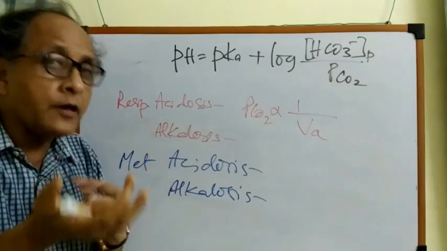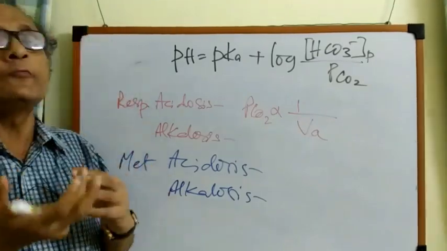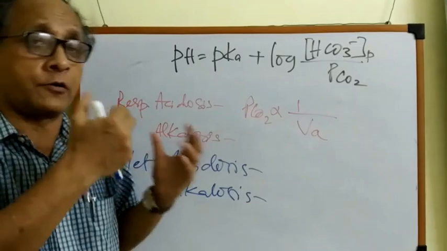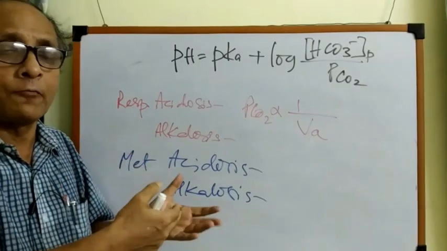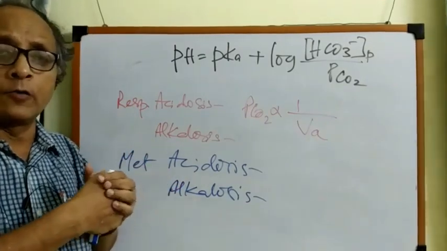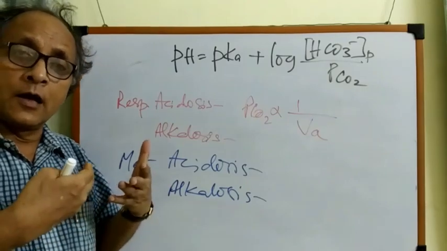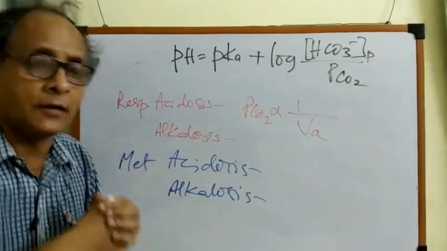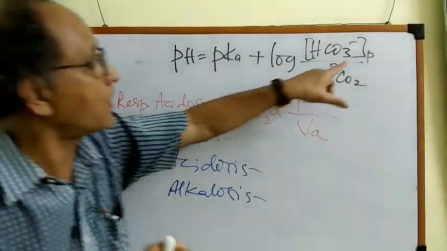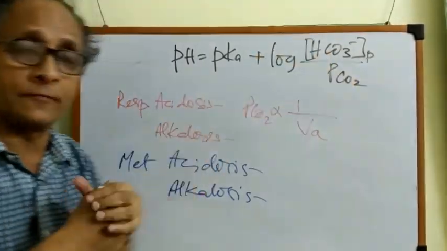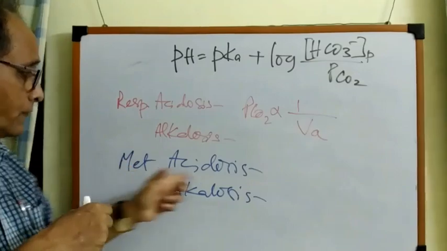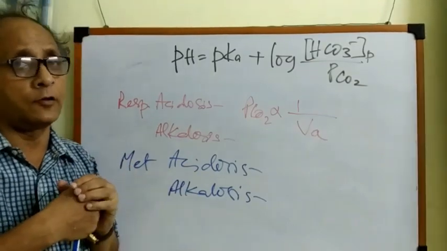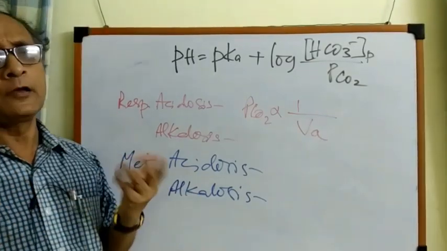When this recovery and generation of new bicarbonate falls short of the bicarbonate buffer spent during buffering as a first line of defense, then the plasma bicarbonate level will be reduced, leading to generation of metabolic acidosis. One example is diabetic ketoacidosis.